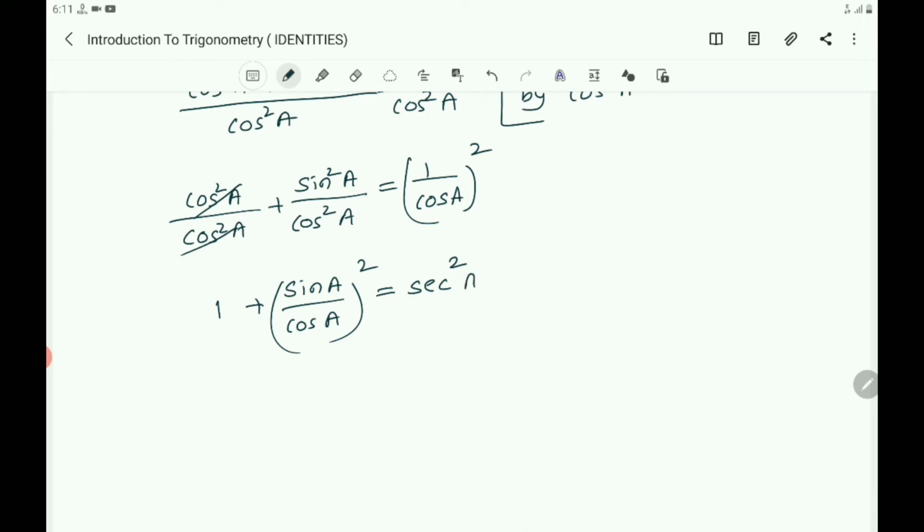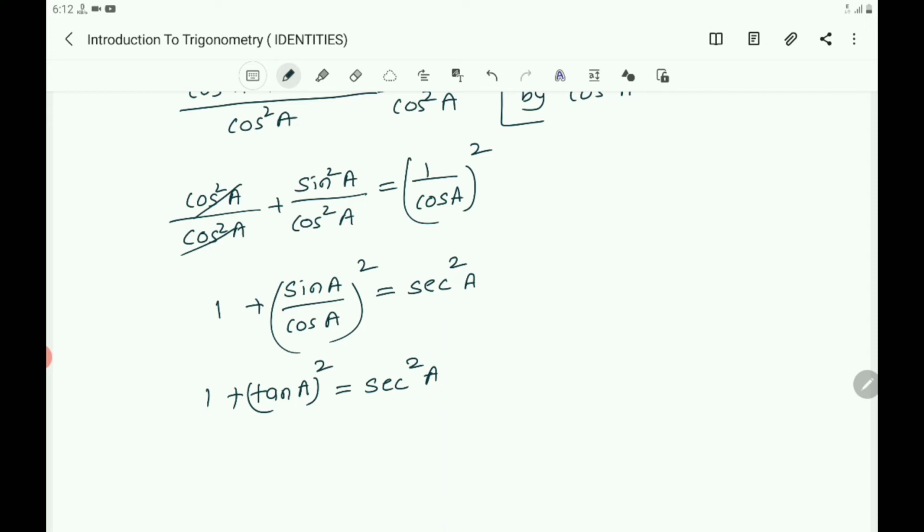Then it is 1 plus, you know that sin a by cos a is tan a, so you got 1 plus tan a whole square equals secant square a.